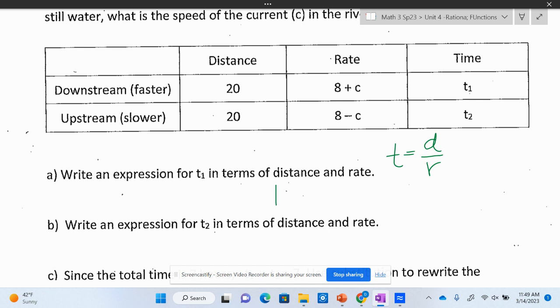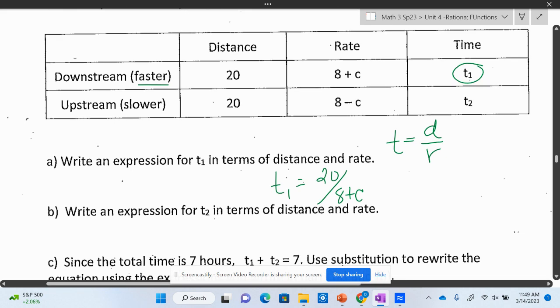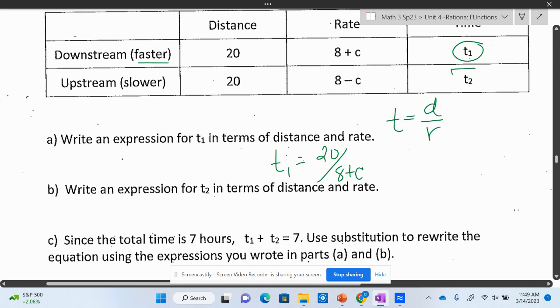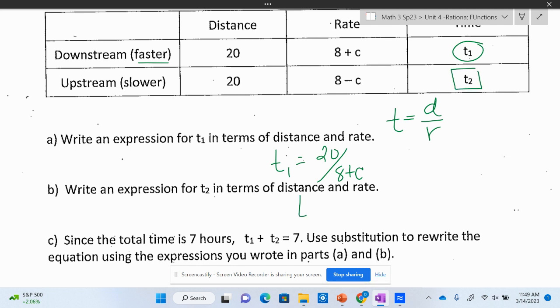Okay. So if I wanted the formula for T1, that's the first time right here, I would take my distance, which is 20, that's my first trip, divided by 8 plus C. Does everyone see how I use the table to get that information? Yes or no? Okay. So now it says we're going to do the same thing. We're going to write an expression for T2 in terms of distance and rate. So now I'm looking at the second trip for the time.